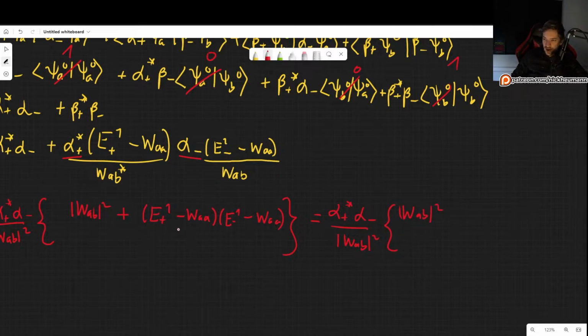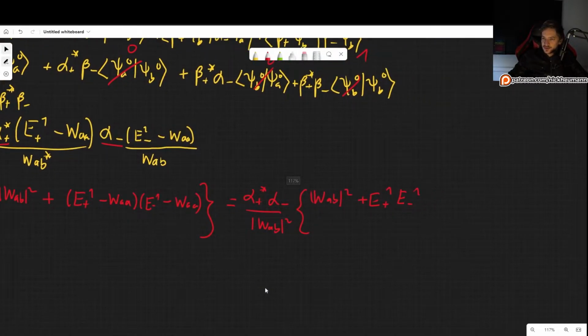Okay, and now we have these things here. So let's see, we have E plus times E minus. So we get E plus 1, E minus 1. Then we get, and by the way, it's better to multiply first and then plug everything in. Otherwise, the product will be much messier. Then we have E plus 1 times minus WAA.